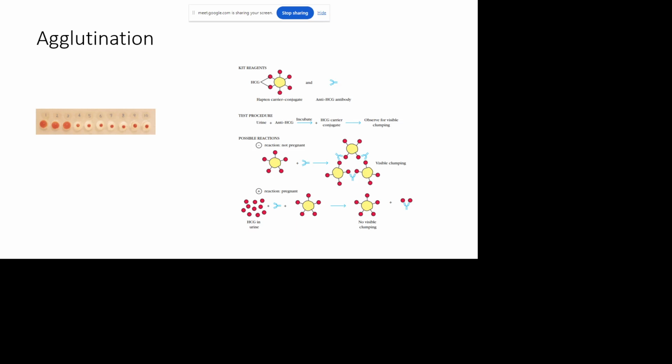agglutination. So can anyone tell me what you mean by this term agglutination?